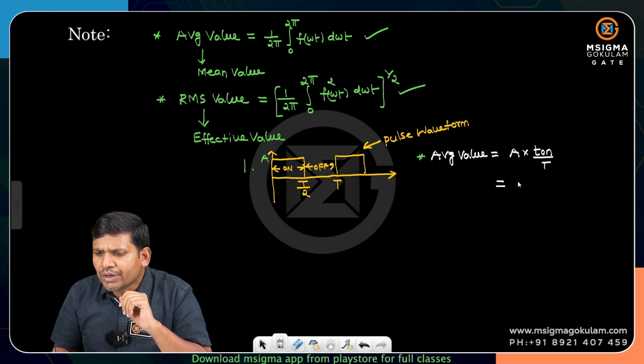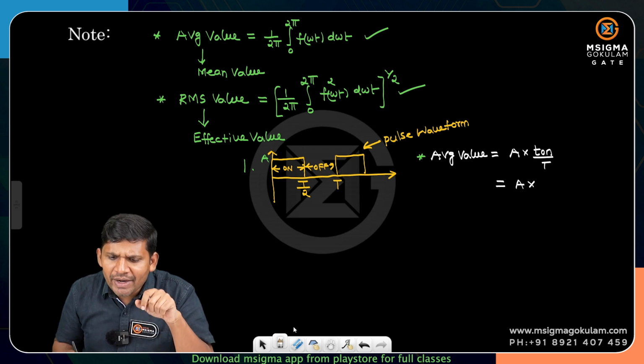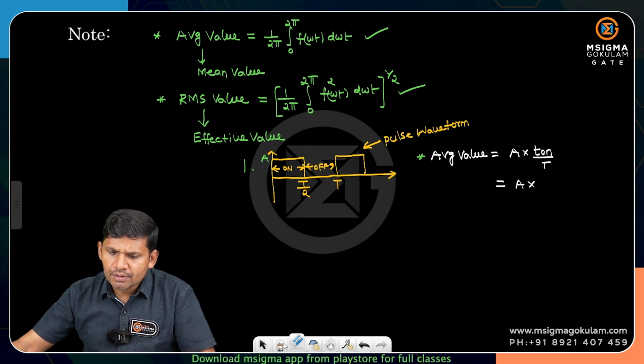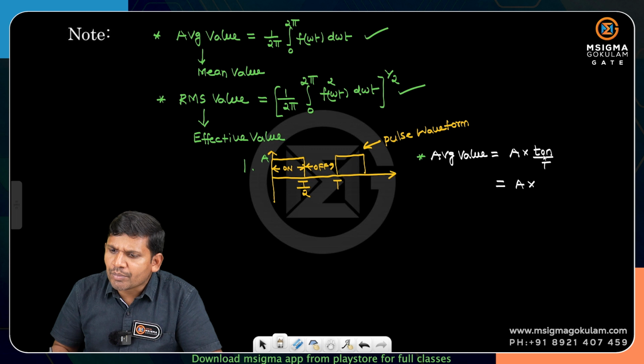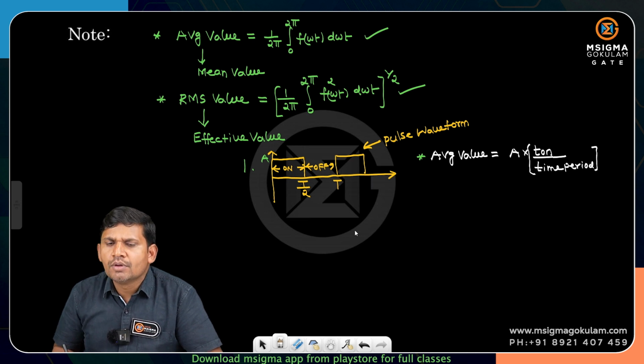First I am writing on time by total time period. This is the formula you have to apply to find the average.